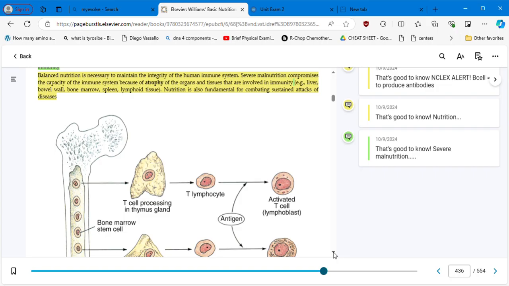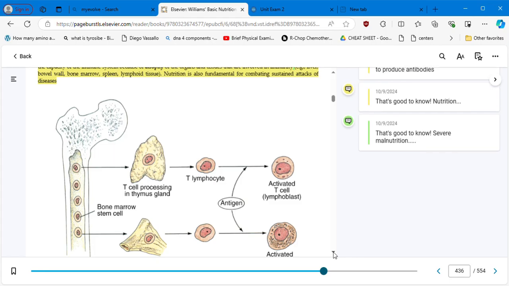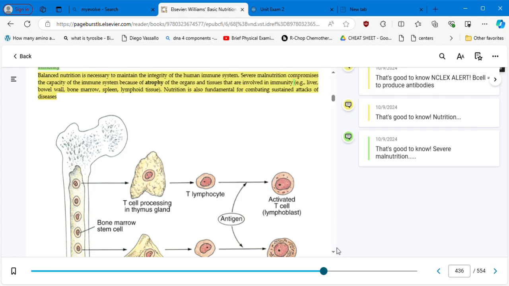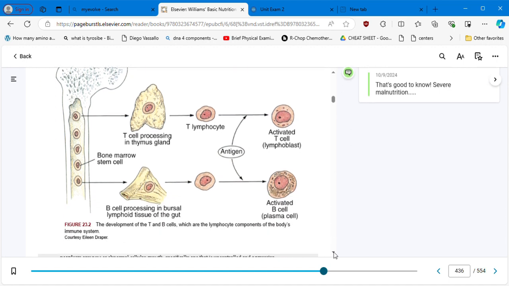Liver, bowel wall, bone marrow, spleen, lymphoid tissue. Nutrition is also fundamental in combating sustained attacks of diseases. Okay, so that's good to know. Severe malnutrition compromises the capacity of the immune system.